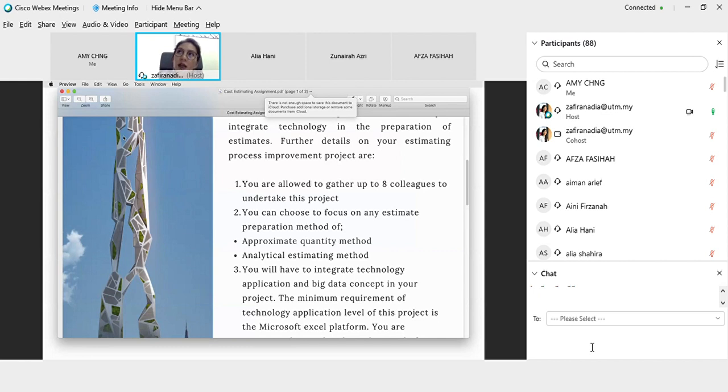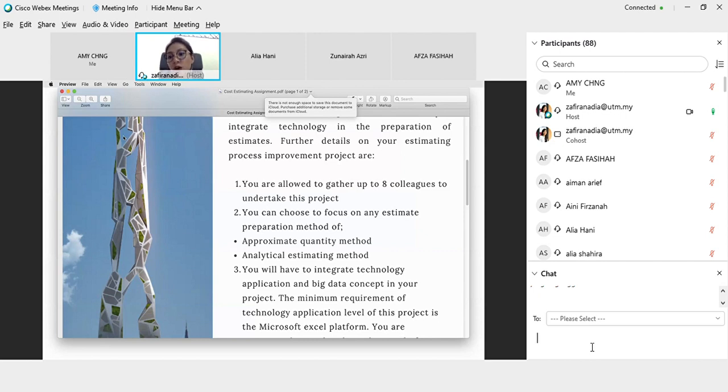A lot of you asked whether it can be multiracial. Even though you have, let's say, 8, you want 4 Chinese, 1 Indian, and 2 Malays, say. But if you take so many Chinese in your group, the supply of Chinese students in other groups won't be enough. So you must be aware of that.